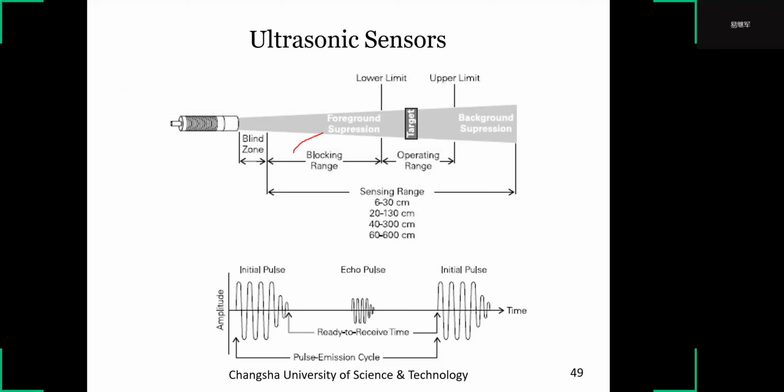This is a blind range, and this is the operating range. The ultrasonic sensor can measure the distance within the operating range. If the distance is too close or too far, the sensing is difficult.